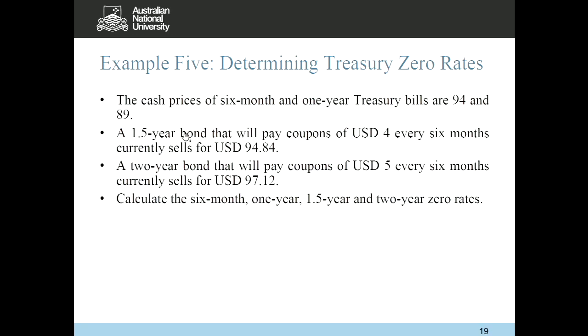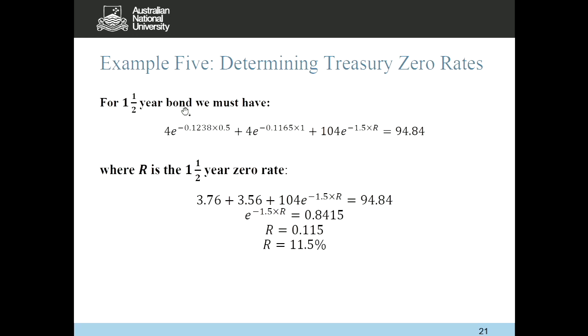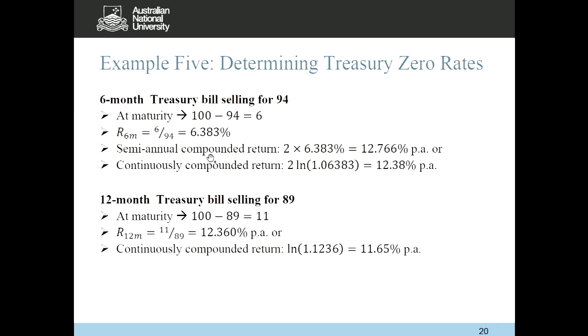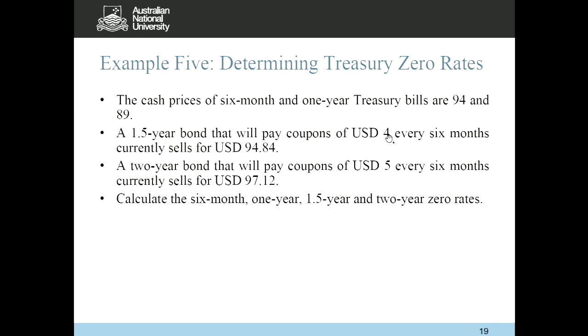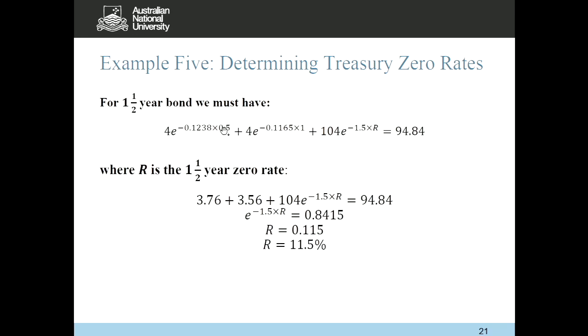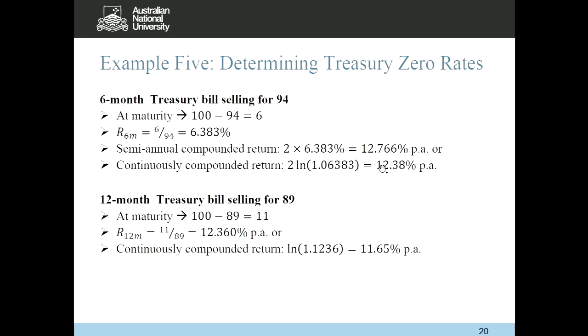Now, because this 1.5-year bond actually pays the coupon, some of the return is realized in the form of coupon, right? So we can back out the 1.5-year zero rate. So what we can do is we're going to discount. Going back to this question here, because the coupon is $4 million every 6 months, right? We can discount the first coupon using the 6 months zero rate. Where is this rate coming from? It's coming from the first step, right? That's your 6 months zero rate.